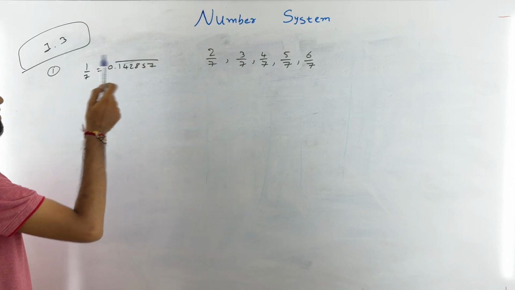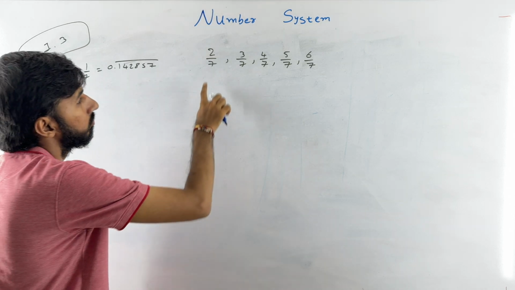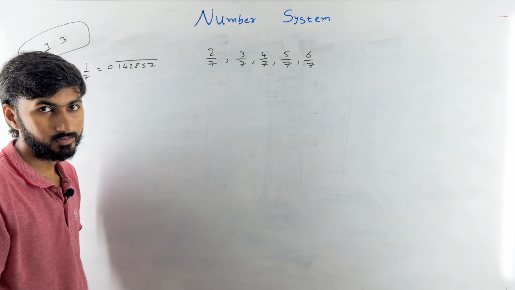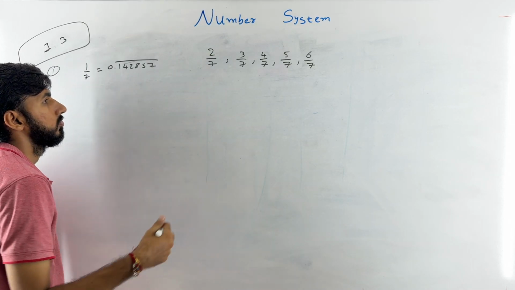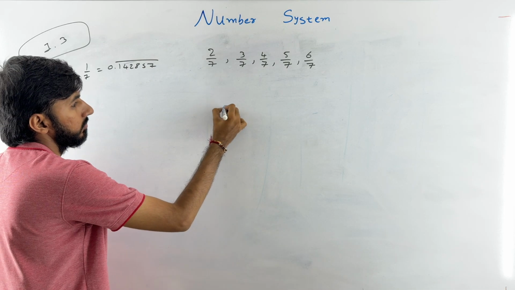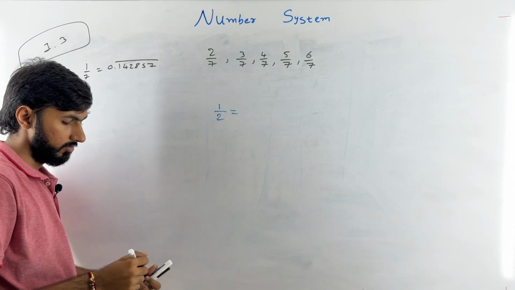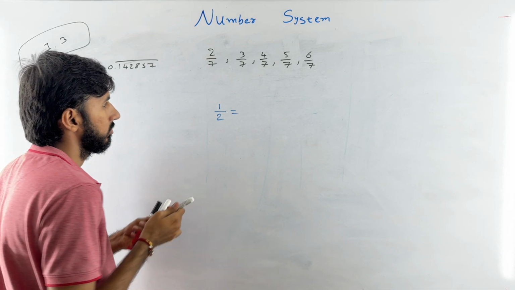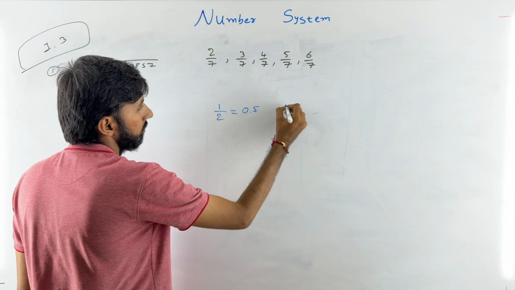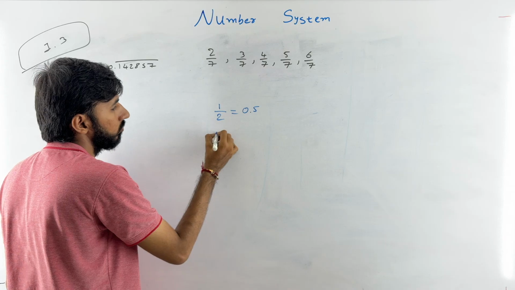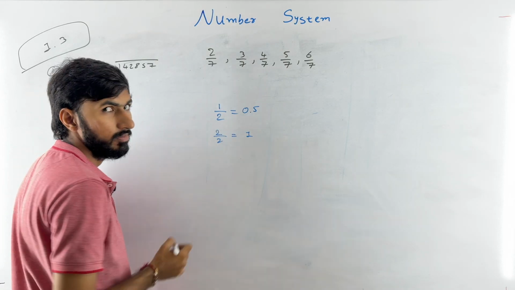Here we are given that 1 by 7 equals 0.142857 and there is a bar on that. Now we have to predict the value of all these numbers without doing the actual long division method, right? So let me give an example. If you do the division of 1 by 2, the answer is 0.5. Now what if I multiply it by 2, and divide 2 by 2, the answer will become 1.